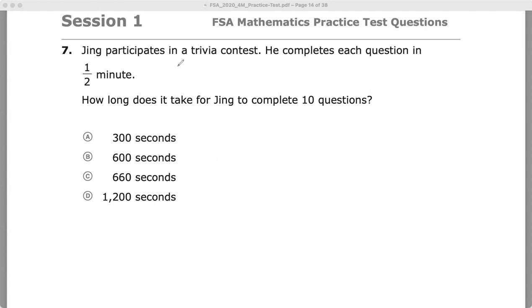Half a minute is going to be 30 seconds. So if he answers a question in 30 seconds, how long would it take him to complete 10 questions? You're going to multiply. 30 times 10 is going to be 300 seconds.